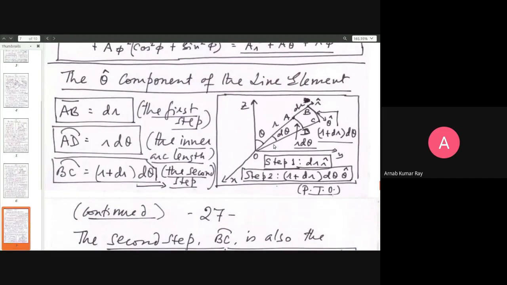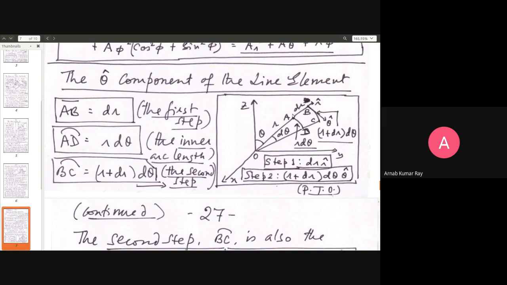Let us now see. Here's a radial distance O to A, which has a length r and makes an angle of theta with respect to the z-axis. From A to B, you travel by a little displacement dr. After you've come here, you are traveling along the theta direction, and the theta direction is BC.